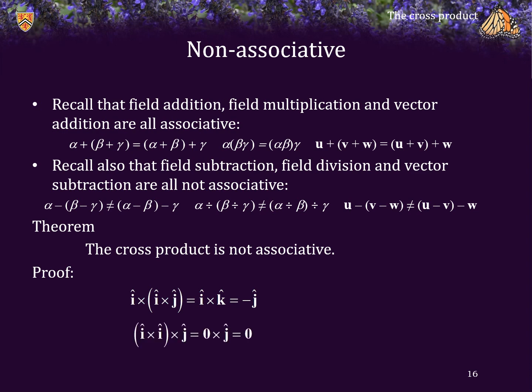On the other hand, if we calculate it in this order, i cross i is the 0 vector, and the 0 vector crossed with anything is again the 0 vector. Thus we have our counterexample.